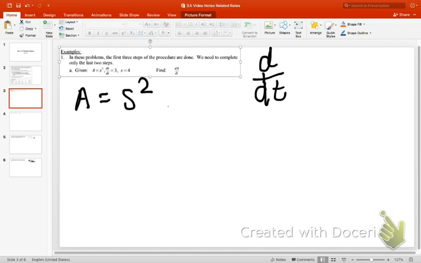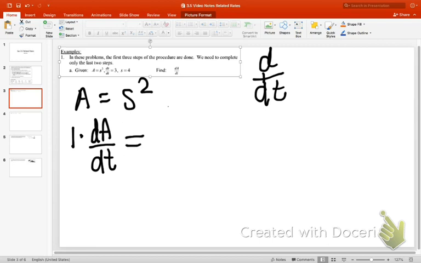So the derivative of A is 1, and then we're saying we're doing the derivative of A with respect to time. It's sort of similar to when we did implicit differentiation. Whenever we took our derivative, we had to put that y prime on there. This is similar to that, but we're saying we did the derivative of A with respect to time.